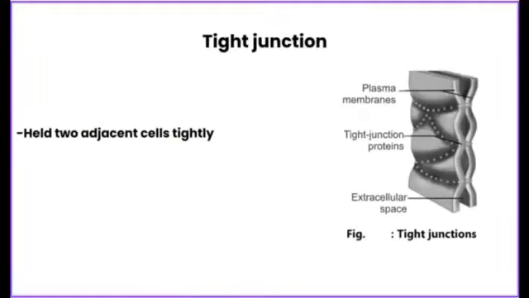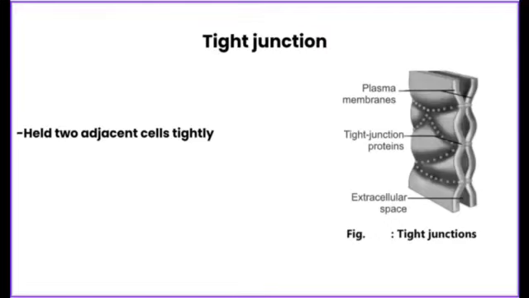There are three types of lateral modification: tight junction, adhering junction, and gap junction. First is tight junction. It is a junction that holds two adjacent cells tightly. It forms zipper-like protein barriers that cannot be easily crossed, to prevent the passage of unwanted materials across the cells. It is commonly found in epithelial tissue.